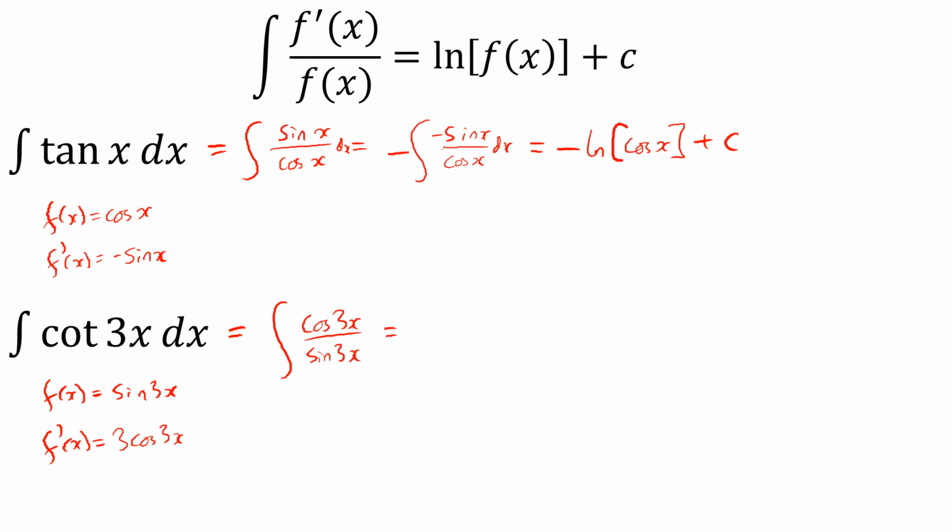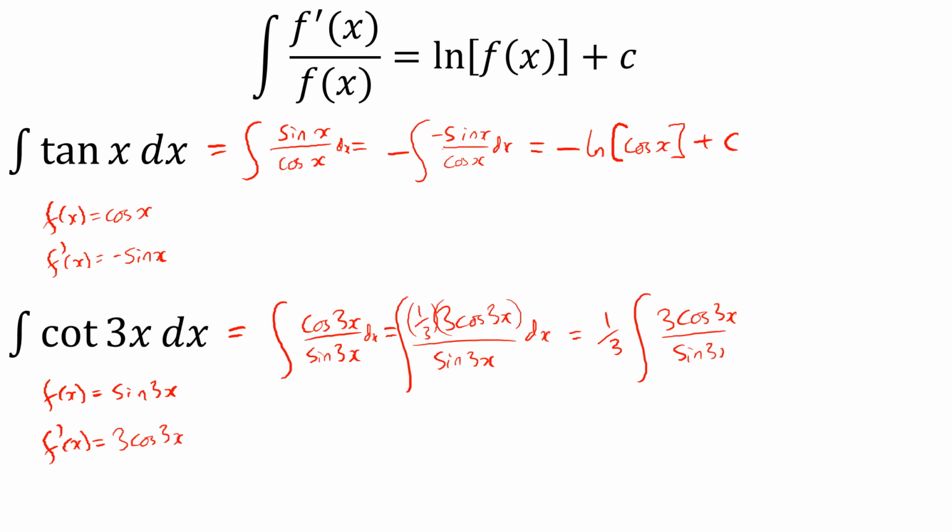So we want the top to be 3 cos 3x, but we don't want to change its value. So we're going to need to put in a factor of a third there. And then we can stick that third at the front of our fraction. And then we've got something that matches up to our f(x) and our f'(x).